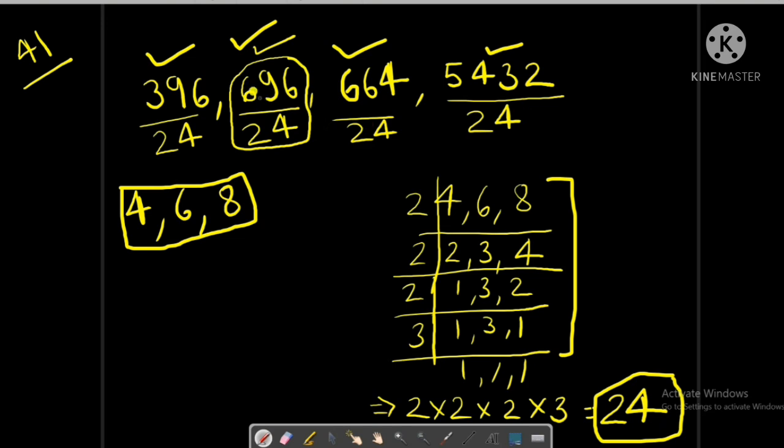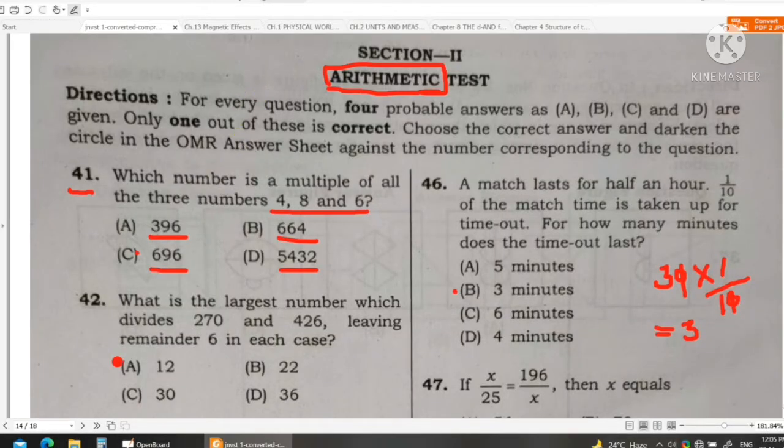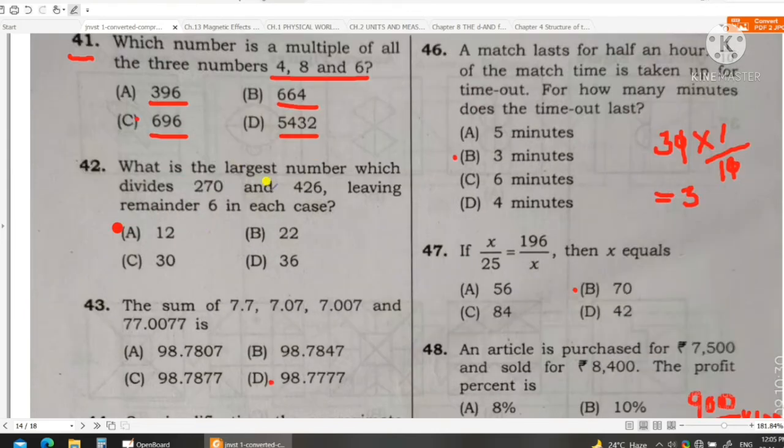So the answer is the second option, 696, because 696 is completely divisible by 24. Next question is 42. So here the answer is 696.